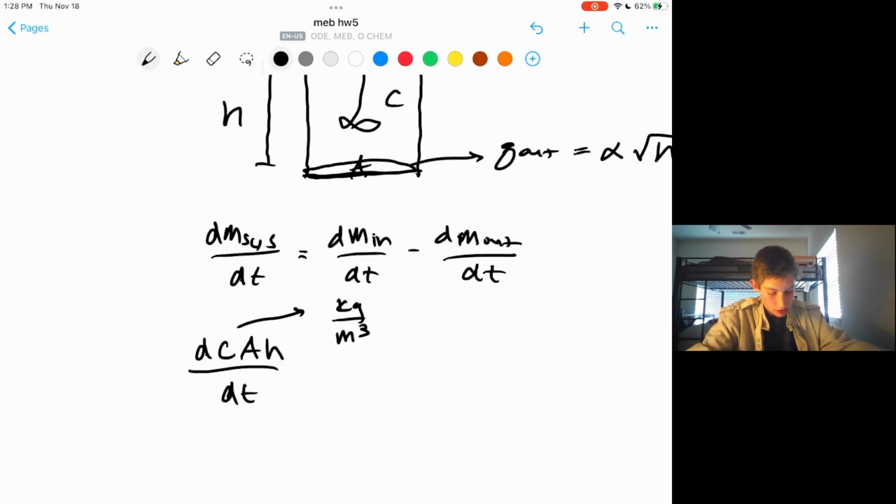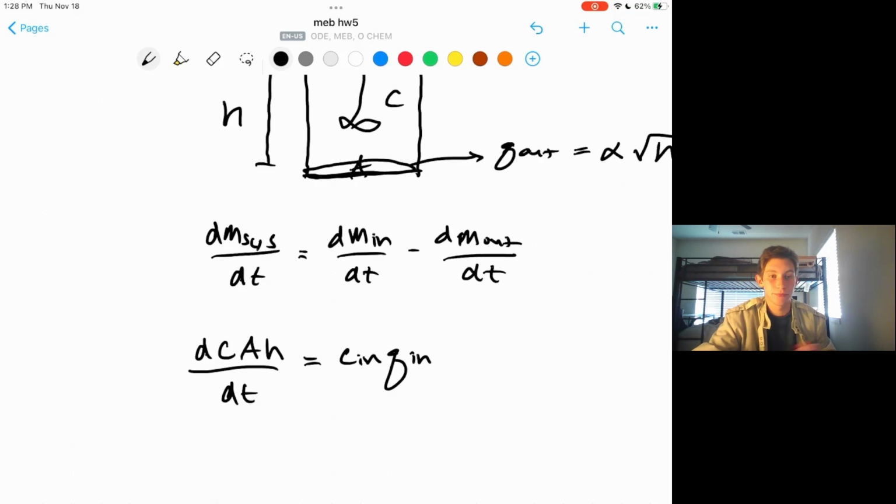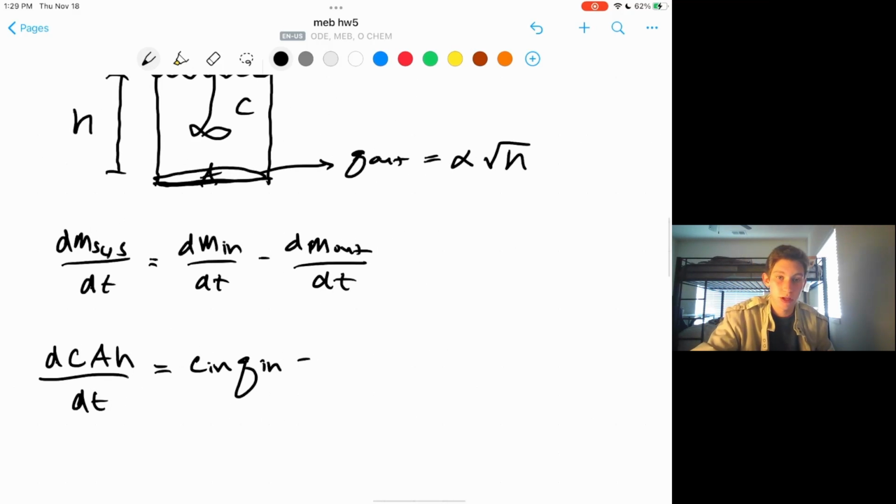And then area times height, that's meters cubed, so we're left with kilograms. And then similarly, it will be this instead of the density. And then we still have this alpha substitution, alpha times the square root of the height.